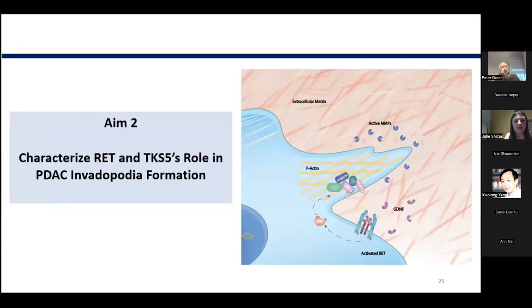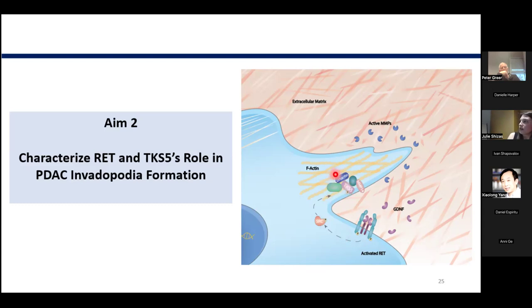This brings me to my second aim, which is to characterize RET and TKS5's role in PDAC invadopodia formation specifically. Now that we know RET and TKS5 look like they play a role in promoting invasion, what about the mechanism behind this? This is another schematic that I created showing RET activation and then TKS5.